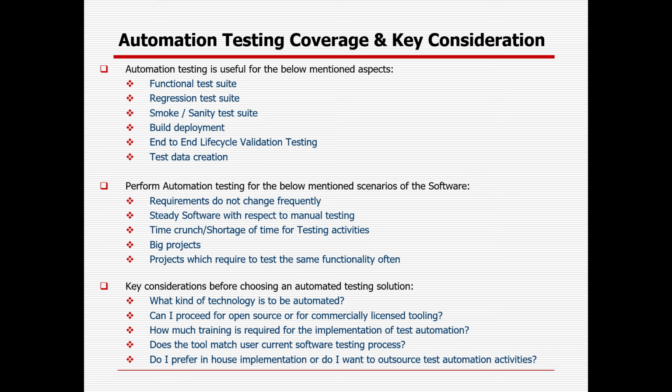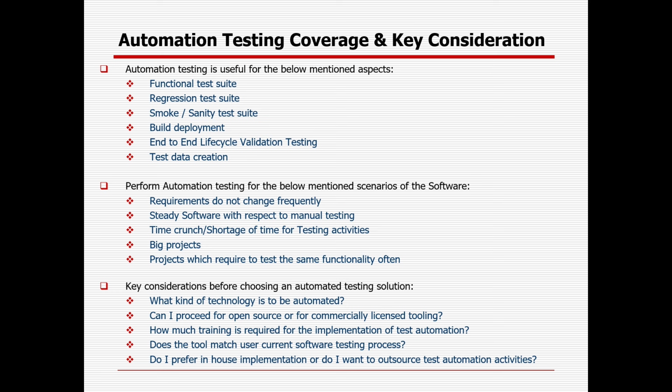So whenever someone is starting automation testing, there are some key considerations they need to choose or study for the automated testing solution. What kind of technology is to be automated? That is the first thing they need to understand. And can they proceed with an open source tool or a commercial license based tool?